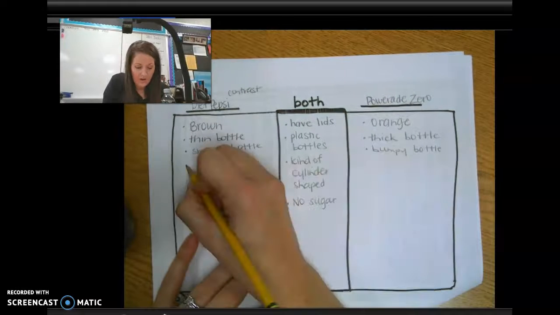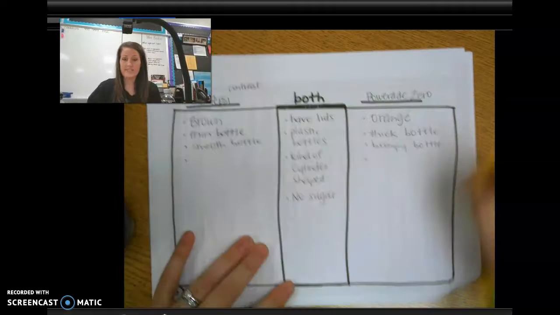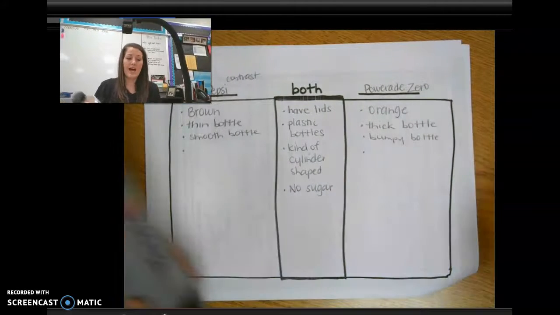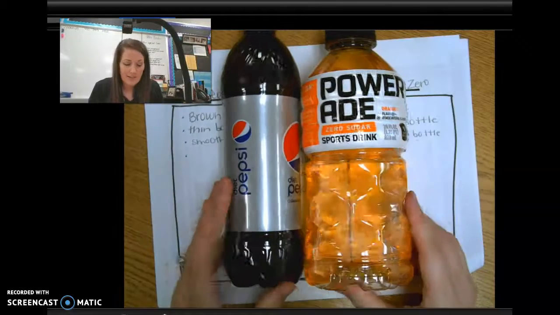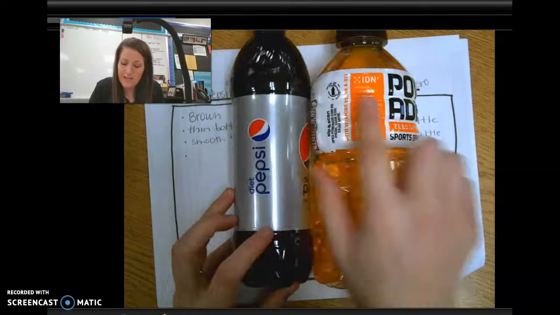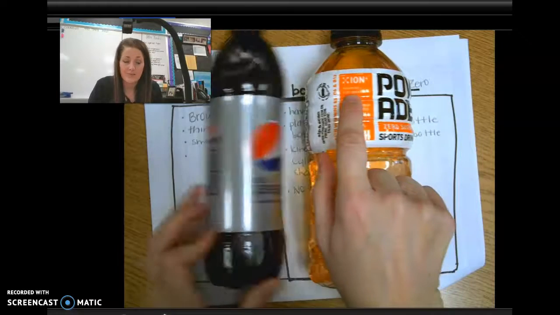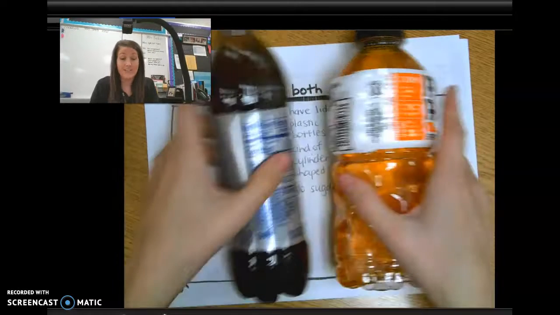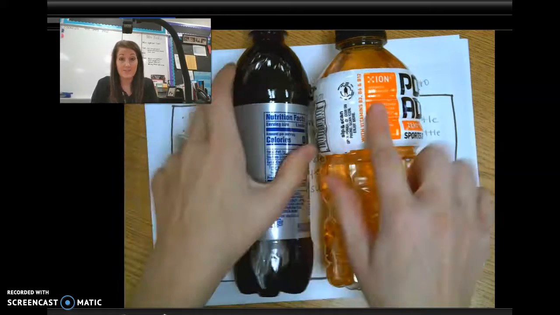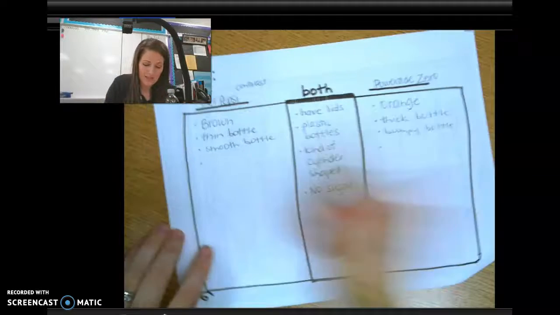So I need to find one more thing for each of these that is not the same. So I'm finding a contrast. Ooh, I know this one says it has electrolytes in it. So that's something that's really good, like if you're getting dehydrated, and this one does not have electrolytes. Or I could say this one has caffeine and this one does not. So I'm going to put caffeine.